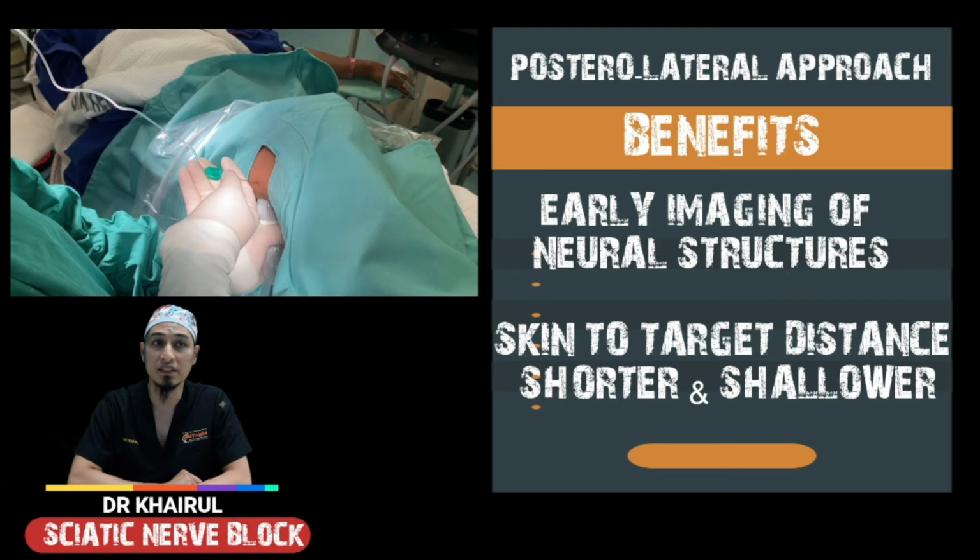Skin to target distance is shorter and shallower compared to a direct posterior-anterior probe orientation due to less bulky composition of the hamstring group of muscle laterally than centrally.